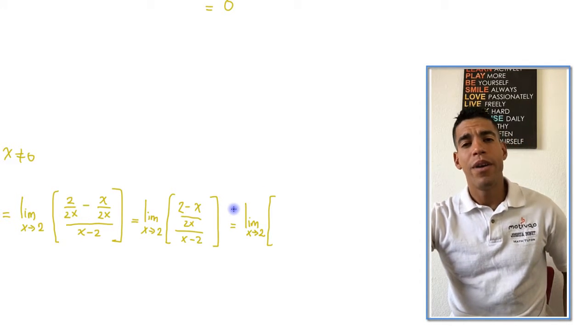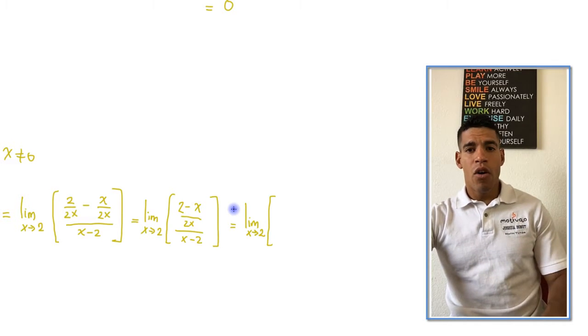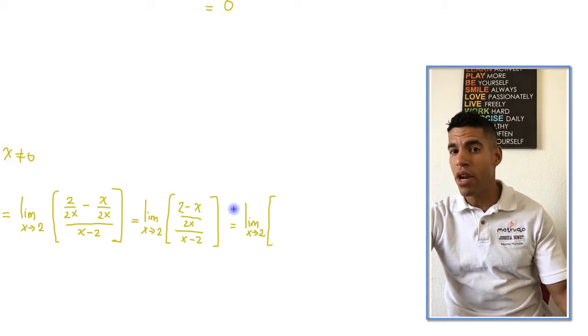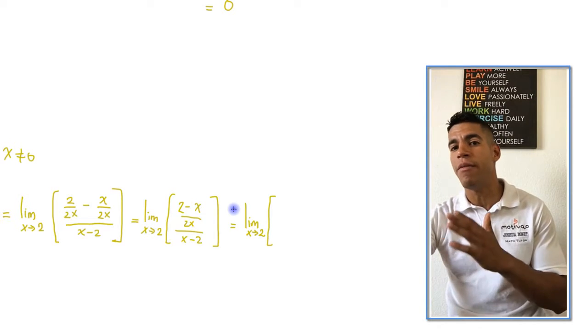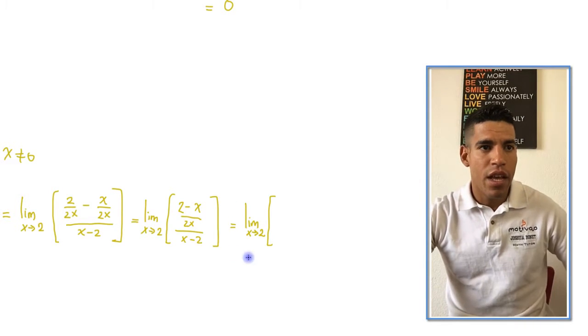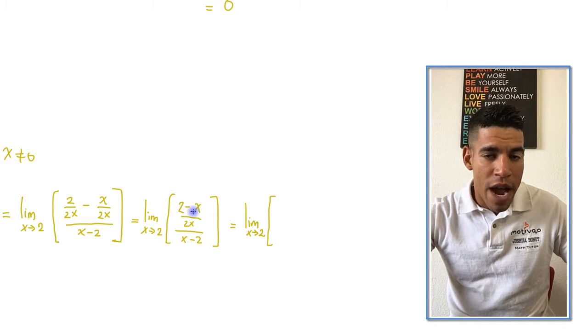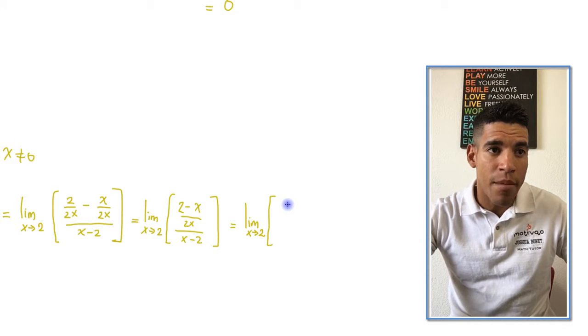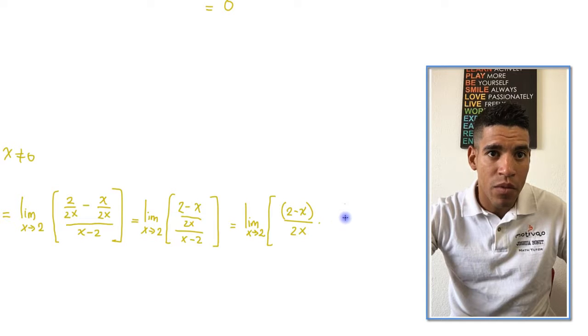Now, remember, the main goal, whenever you have 0 over 0, is to cancel a factor. We haven't canceled anything yet, so we have to keep going until we finally cancel something. Now, you have a fraction over a number, so you multiply by the reciprocal of the number in the denominator. So you have 2 minus x over 2x times 1 over x minus 2.